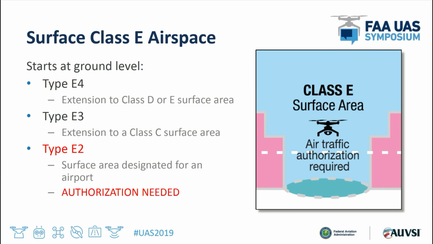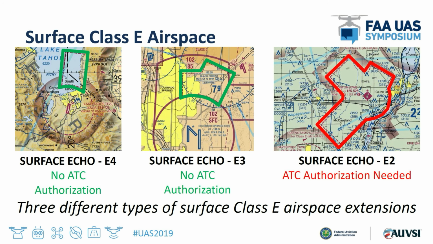But just for a little bit of a tutorial here, there is also E4 airspace, and I'm going to put all this up on the screen so that you can see it, or you probably already have seen. E4 is when it's Class D or E airspace, and it again is bisected by either a solid line or a segmented line.